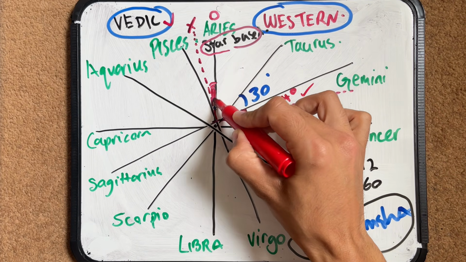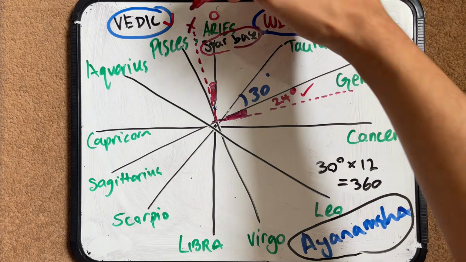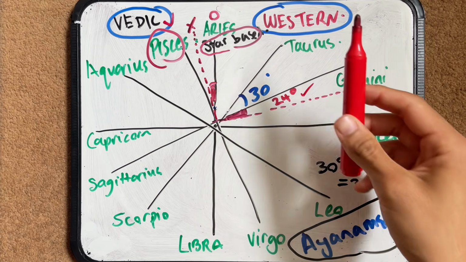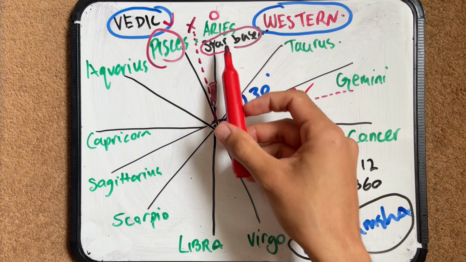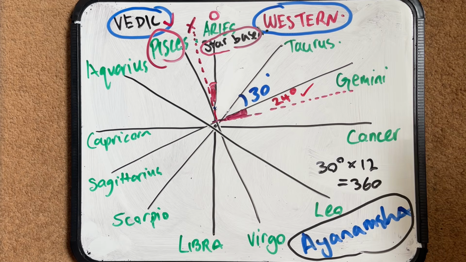So 10 degrees in Aries minus 24 degrees takes you back to Pisces. That is why a Western Aries may become a Vedic Pisces. The planet did not move. The calculation method changed.